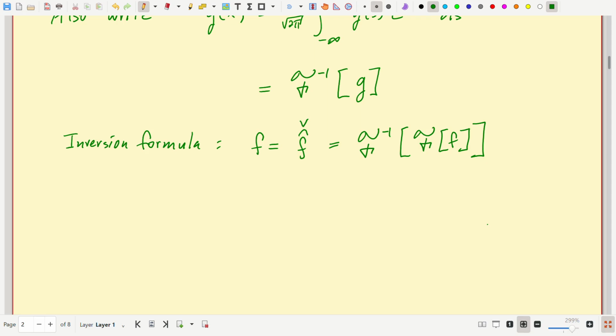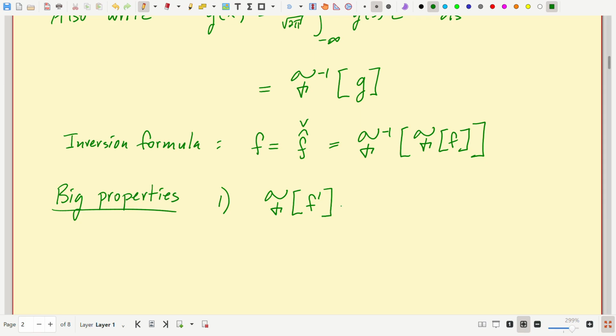So the big properties that are going to make this a useful thing. First of all, we have the inversion formula. Here's the reason this notation is good, because to put a f prime hat is a weird thing to look at.